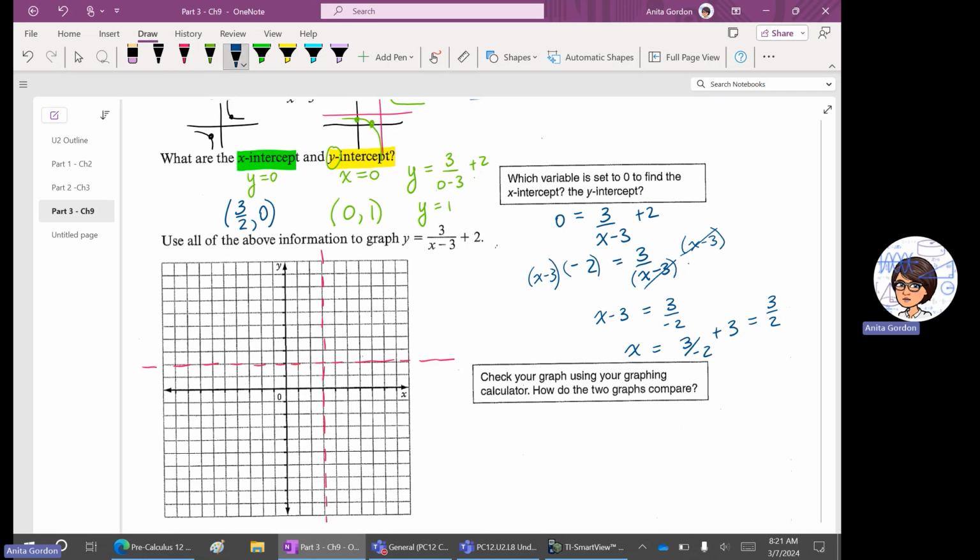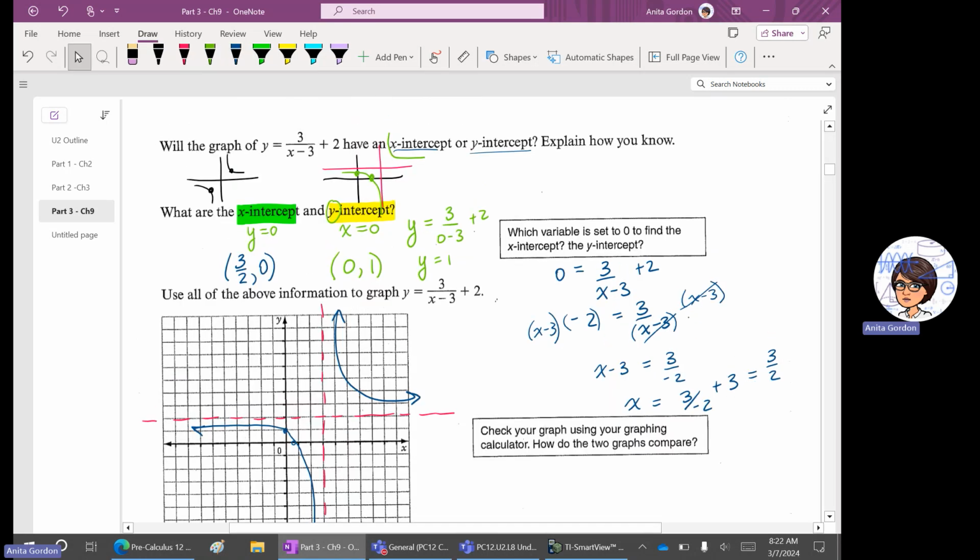We have an x-intercept at 1.5, 0. So 1.5, 0 is here. And we have a y-intercept at 0, 1. So my graph is going to go like this, and like that, and something like this.